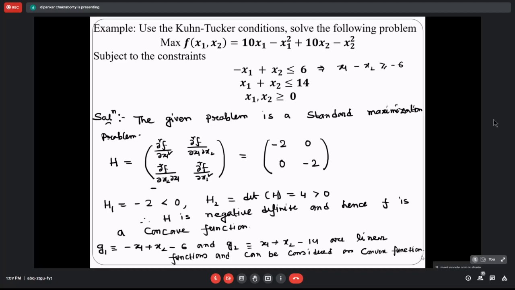Is it okay to you? You can mention that it is a linear function, that is enough, because linear functions are both convex as well as concave. Is it fine?